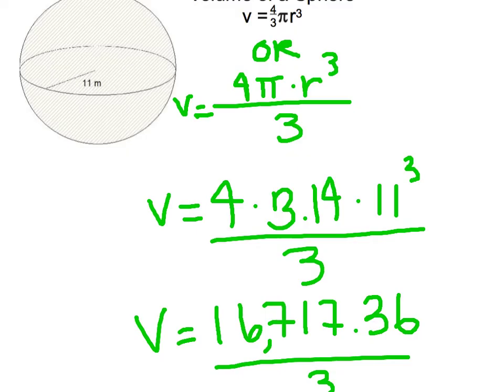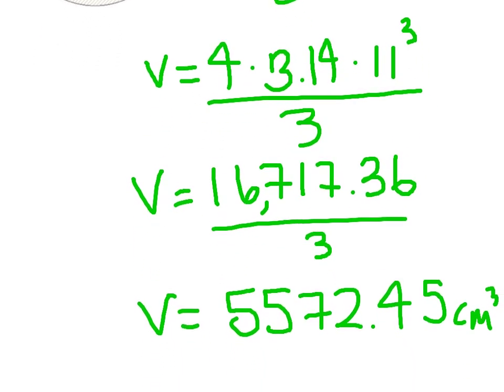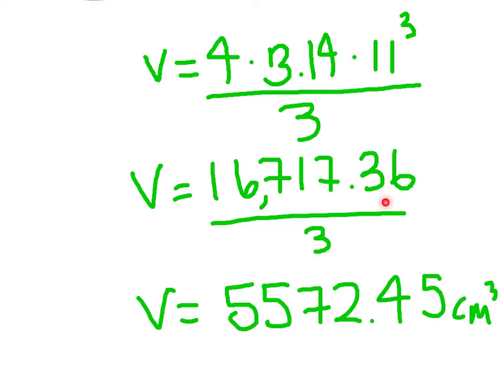All right, when I plug the numbers in my numerator into my calculator, I get 16,717.36 in my numerator. When I divide that by 3, my final answer is 5,572.45 cubic centimeters.